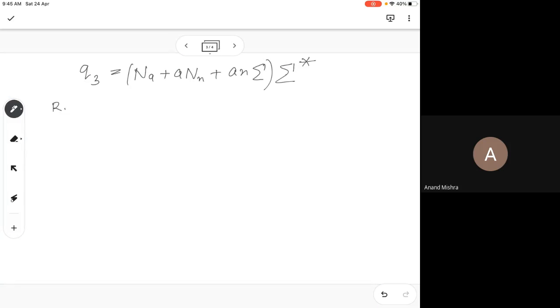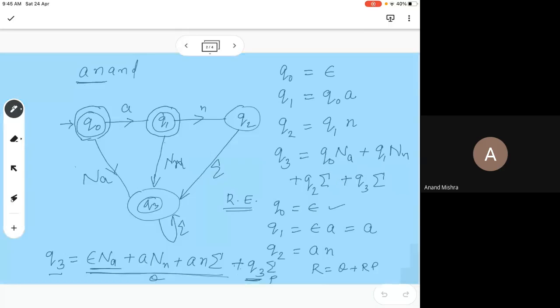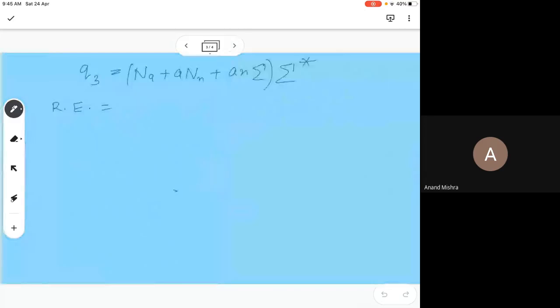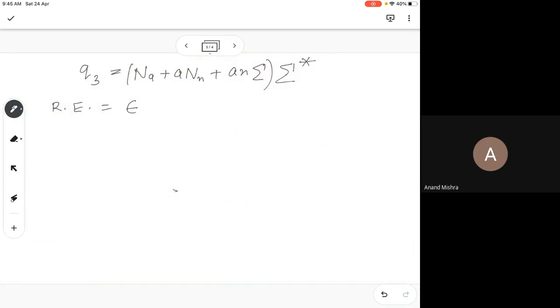So the final regular expression will be the union of all these. Q naught is epsilon, right?